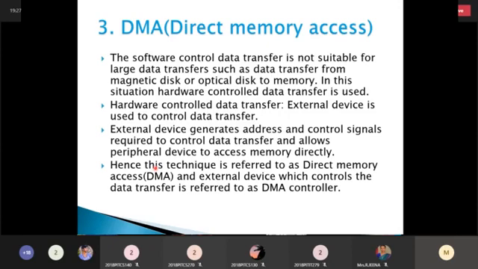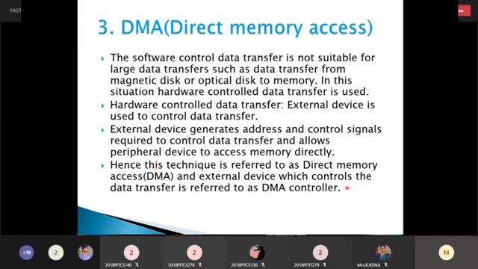Hardware controlled data transfer means an external device is used to control the data transfer. The external device generates the address and control signals required to control the data transfer and allows the peripheral devices to access the memory directly. Hence this technique is referred to as direct memory access, or DMA for short.